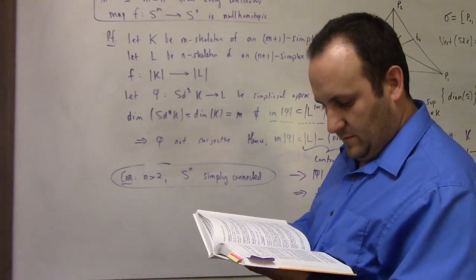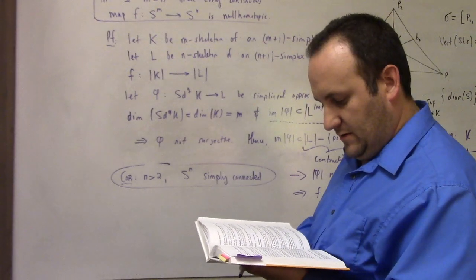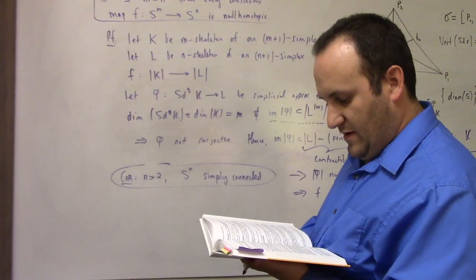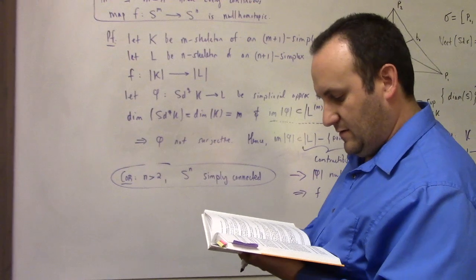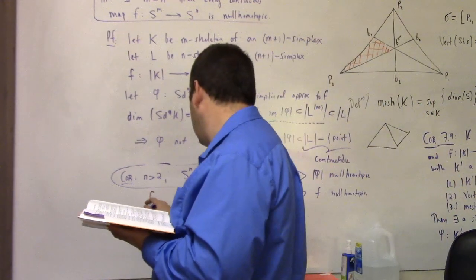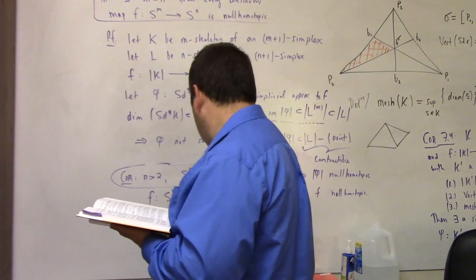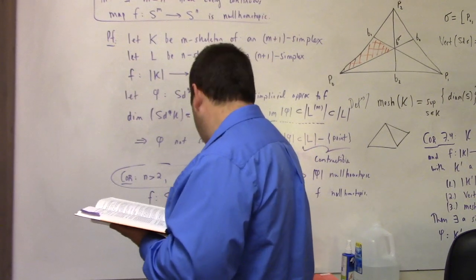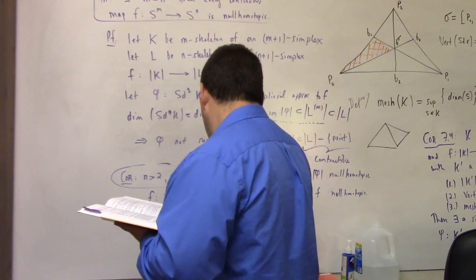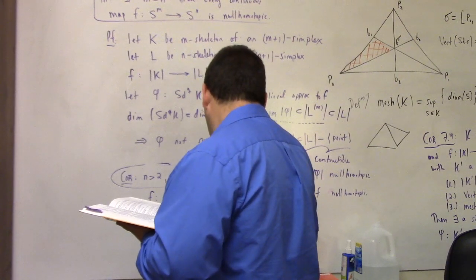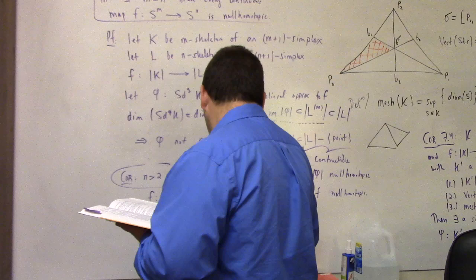What does he say here? The theorem shows that every continuous map from S1 to Sn is null homotopic, because 1 is less than n. What is theorem 1.6? That's cool.